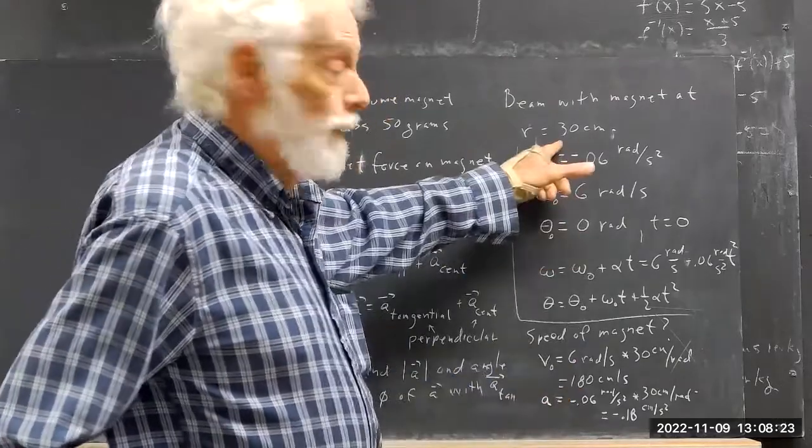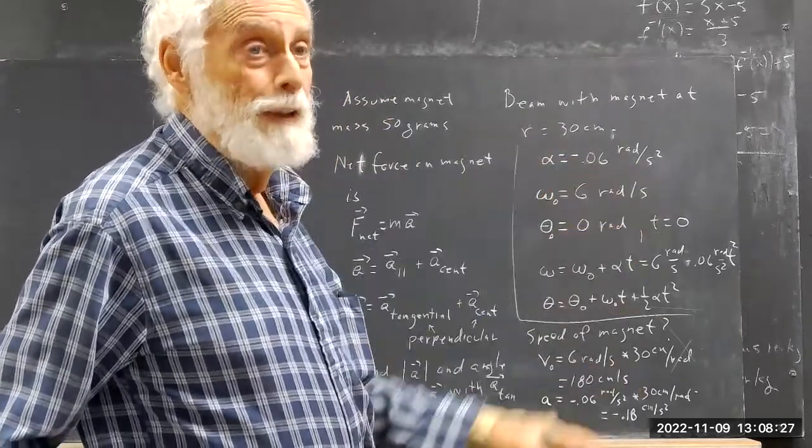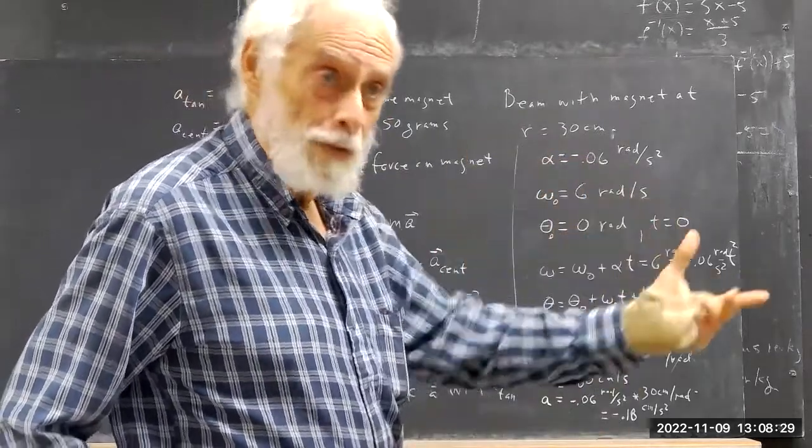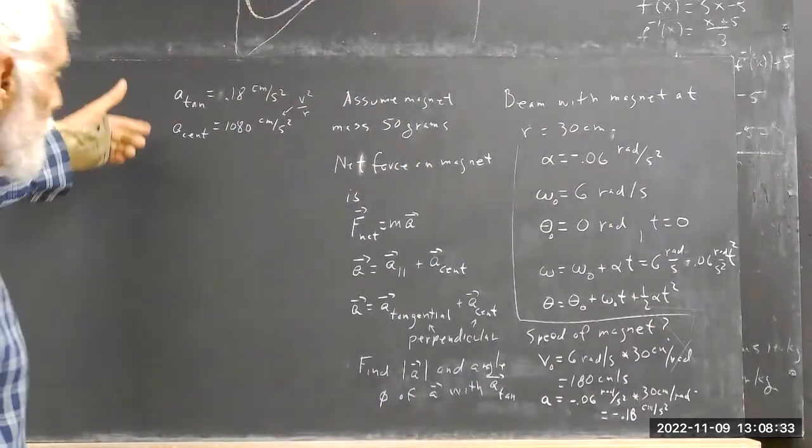Then you divide that by 30 centimeters or 0.3 meters, and you get 1.08 meters per second squared, or 1,080 centimeters per second squared. You're going to be able to answer the question either way.